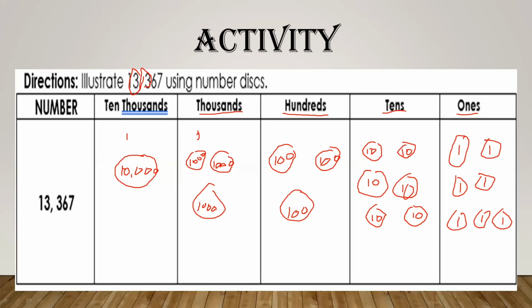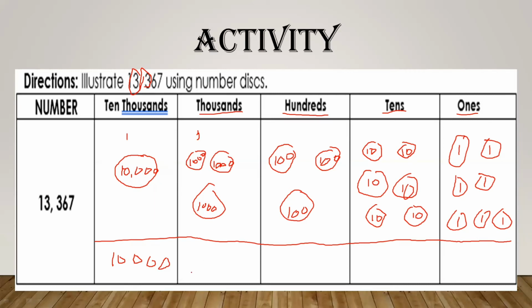So paano natin makukuha yung value niya or the expanded form? So ang gagawin natin is ipag-a-add lang natin yung mga nasa loob ng disk. So dahil isa lang naman to, ito ay 10,000. Then next is, dahil tatlo to, ipag-a-add natin yung tatlo.